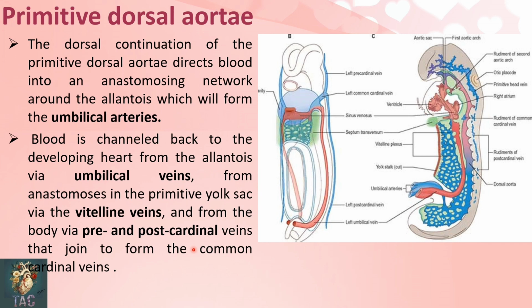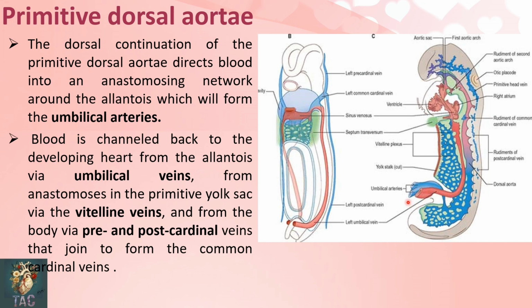So this was the basic embryonic circulation, which has initially two primitive dorsal aorta, two primitive ventral aorta, which are connected to each other via aortic arch arteries, and in the region from 4th thoracic to 4th lumbar, the dorsal aorta fuses to form the common descending aorta, and it continues as the umbilical arteries.